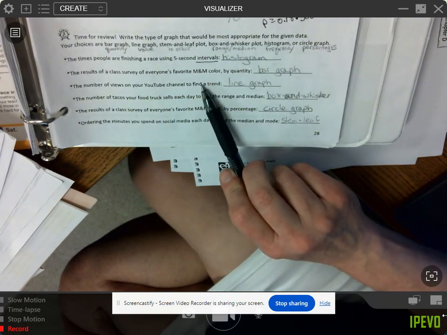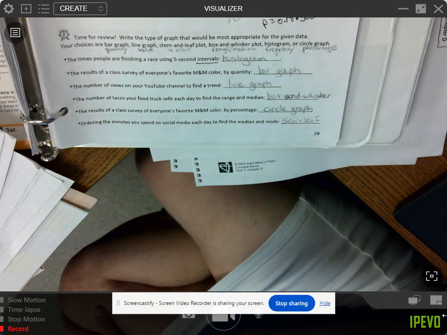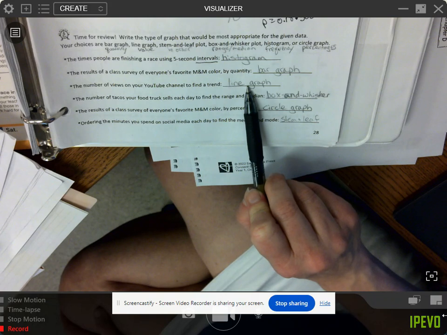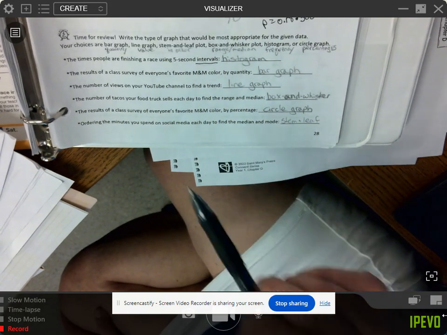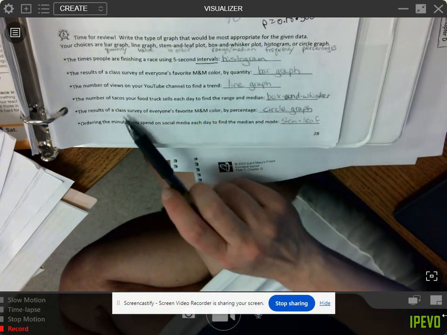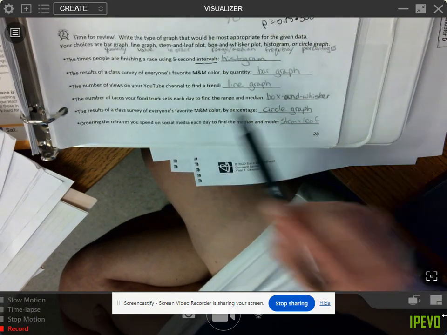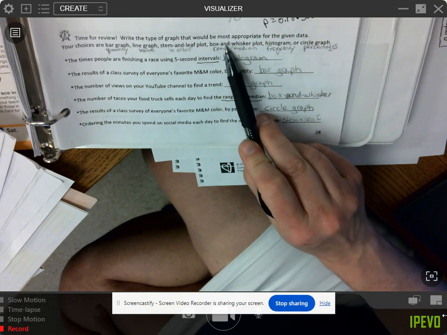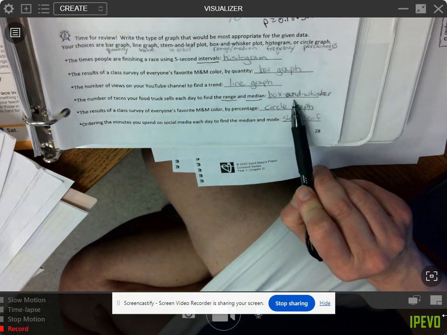That one I wasn't as sure about. I wasn't as sure about this one, so honestly I left it blank. And I filled in the other ones and saw what was left and asked myself, did it make sense? So here, the number of tacos your food truck sells each day. To find the range and median, I know the box and whisker I used to find range and median.